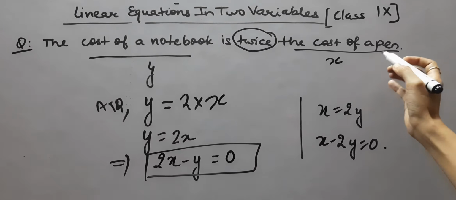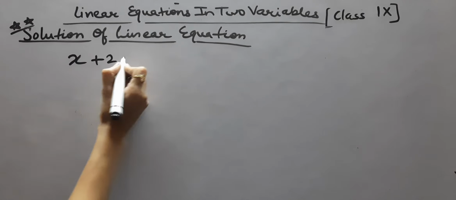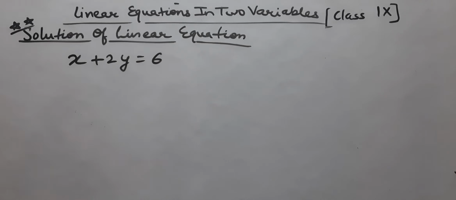Now next comes the solution of linear equation. This is the important one. Solution of linear equation in two variables. But what is happening here is I am having only one equation. Suppose I am having x plus 2y is equal to 6. Just the one equation, and I have been asked to find the possible solutions for this.